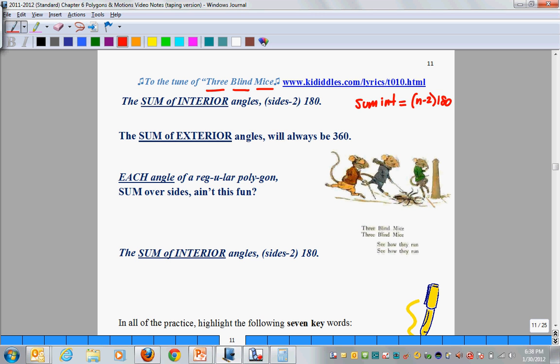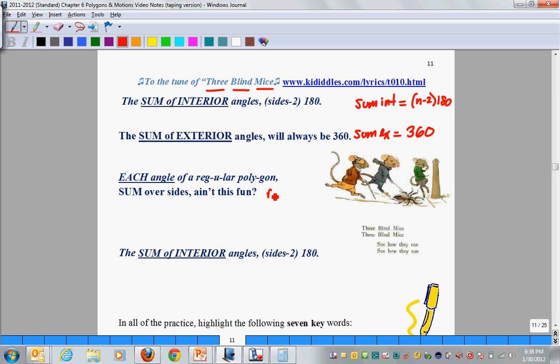The sum of the exterior angles will always be 360. So we do sum exterior angles equals 360. In the middle it says, each angle of a regular polygon, sum over sides, ain't this fun?